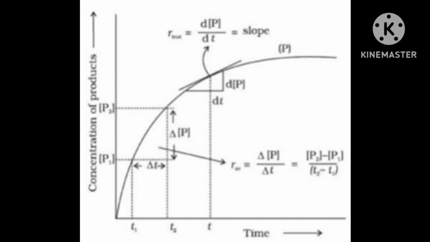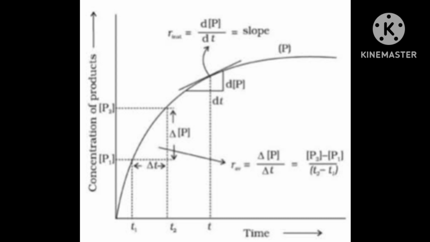In the same way, for the product, you write P2 minus P1, meaning P in brackets, initially P1 and finally P2. Then P2 minus P1 is equal to delta P. Now you can write the rate of disappearance of R. Suppose the reaction is going on.